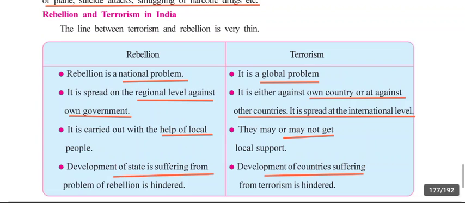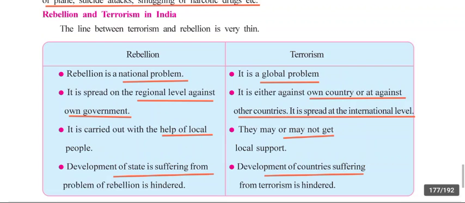Rebellion is always carried out with the help of local people, because rebellions are usually against the corrupt officials of the government. Therefore, local people are always with the rebels, because rebels are actually working in the favor of the local people, while terrorism usually does not get support from the local people.